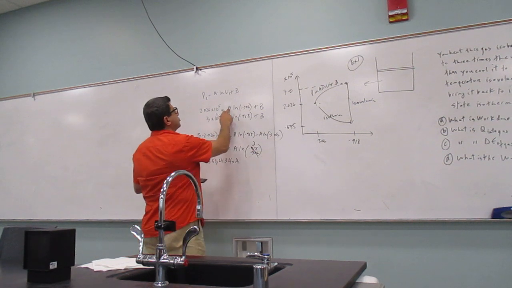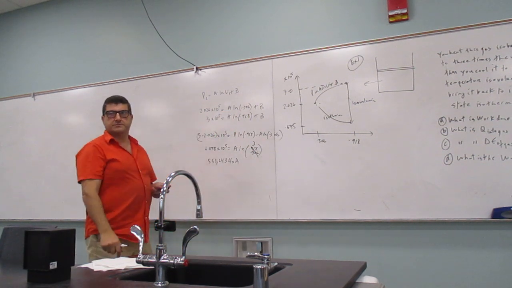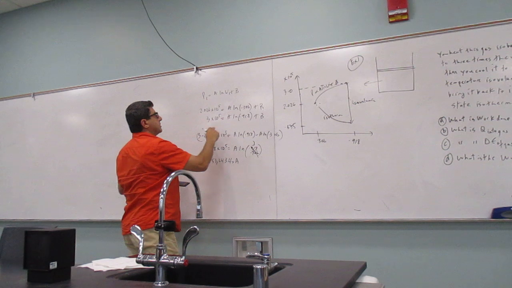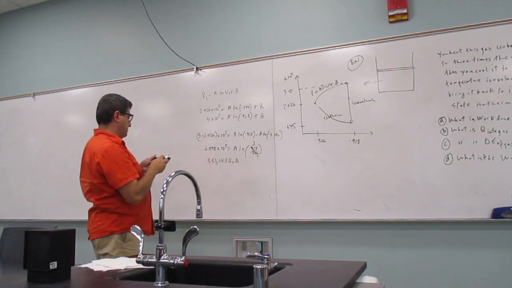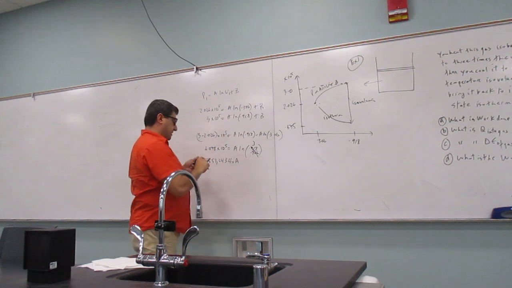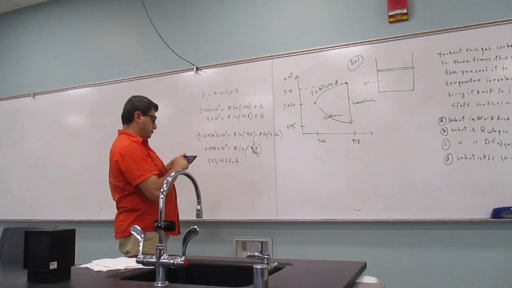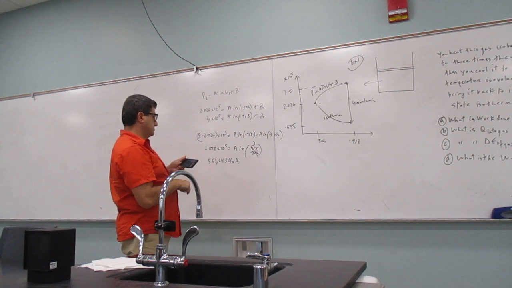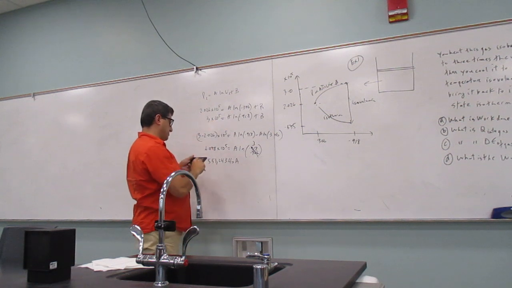Then you can put it back into either one of these two equations and solve for B. So I'll take this value, put it right in here, and then multiply by ln 0.918. Then add it to that number.